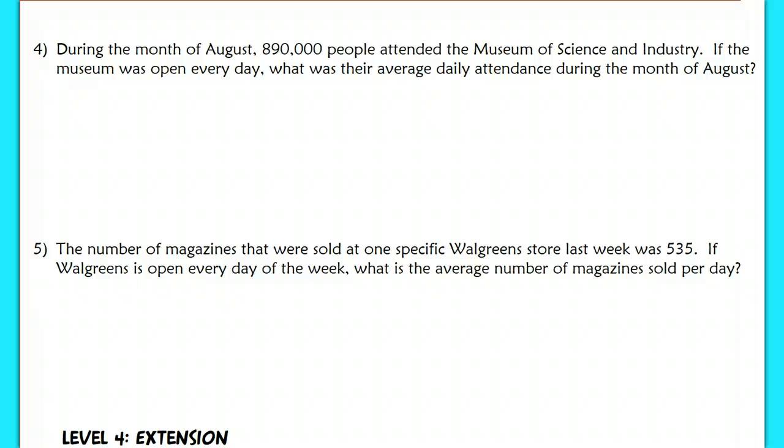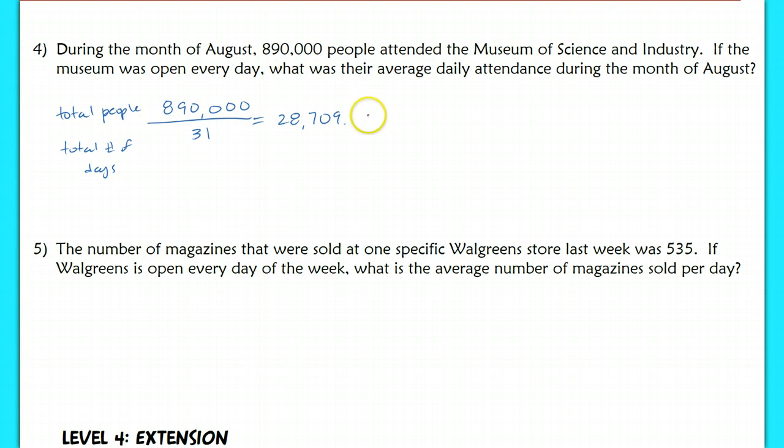Okay, now in this problem, what you should have done is taken 890,000 because that was the total number of people, and you would divide that by the total number of days. And that amount of days is 31 because August has 31 days. And you're going to divide those two numbers to get 28,709.67, and this is not repeating, so I'm just going to round, but again, it's 0.7.